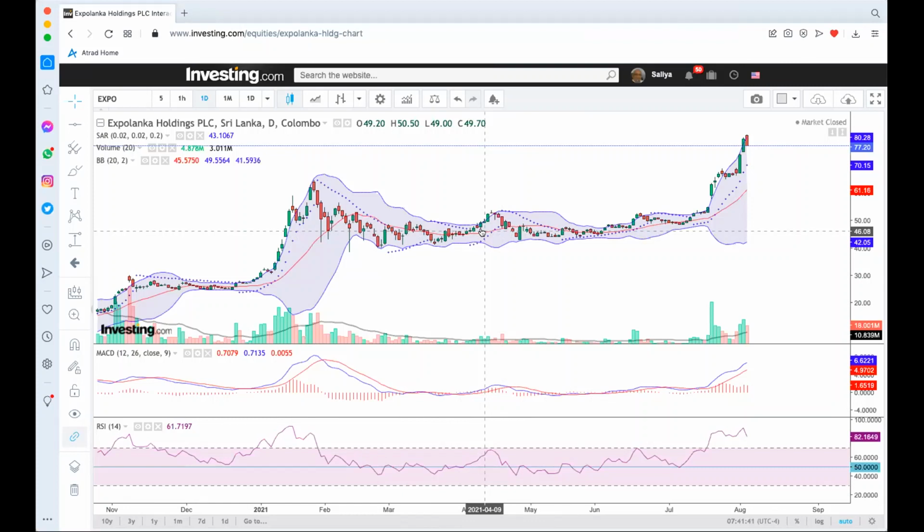Otherwise, you're not going to make the maximum use of this. If you're waiting for that reversal to happen and your sell rule to take place, because in a sideways movement, the sell rule derived by these indicators will not help you.